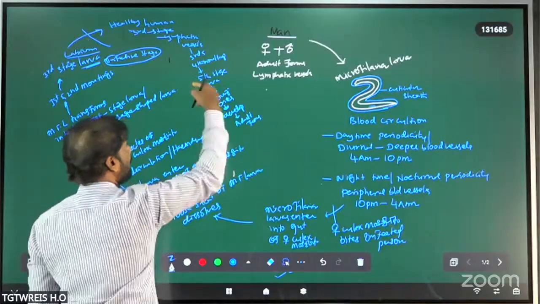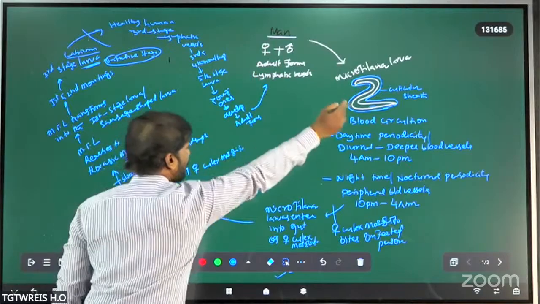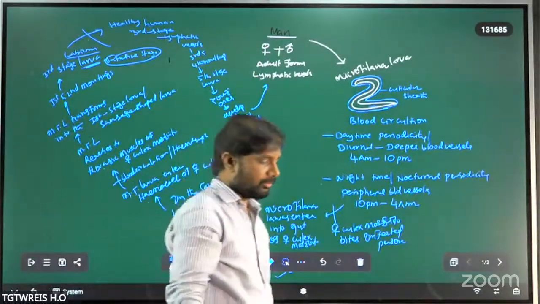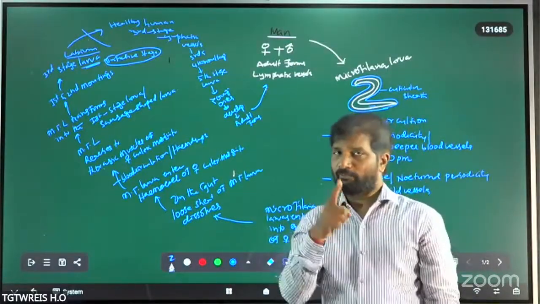So in the human being, adult forms are present. Now these adult forms exhibit this cycle again. So here is the importance of the Wuchereria bancrofti life cycle.